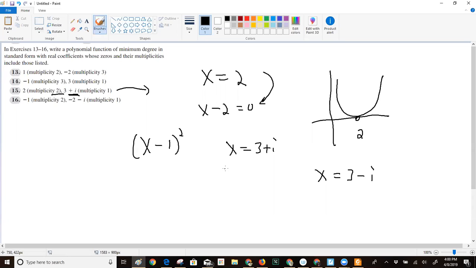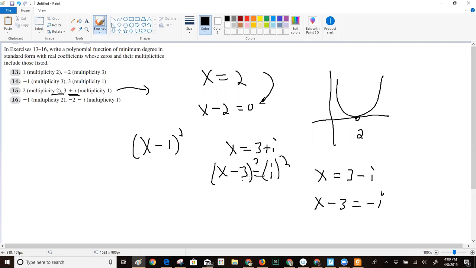So similar to what I did here, I want to set that equal to 0, but the i really makes things a little more difficult. So what I'm going to do is subtract 3 from both sides and leave that i alone. I'm going to do the same thing for this other factor, just so you see this. I got the i because I took a square root of a negative number. So I'm going to square both sides of this equation.